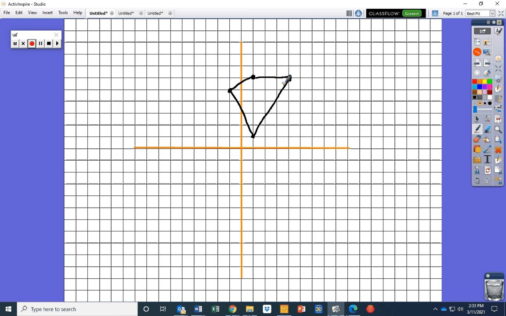Now, something else that you will have to understand how to do is to graph. What did we just do? We just graphed about the what? Everybody, we graphed about the what? Origin. You're also going to have to know how to graph about a vertex. What does that mean?